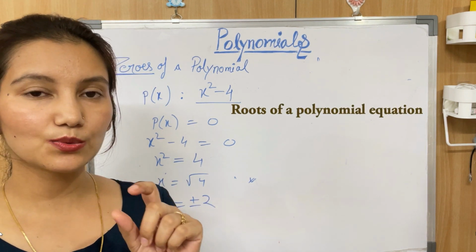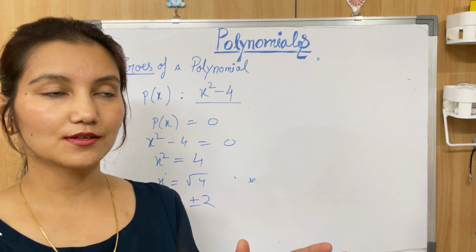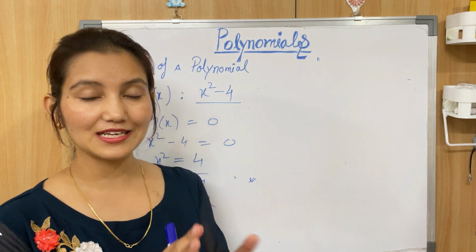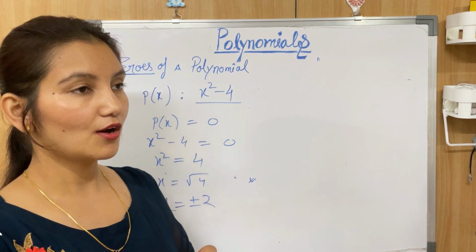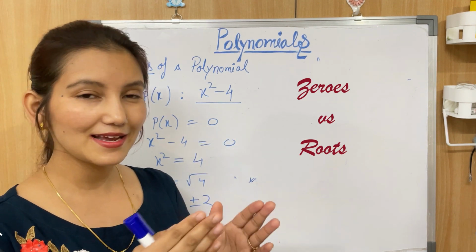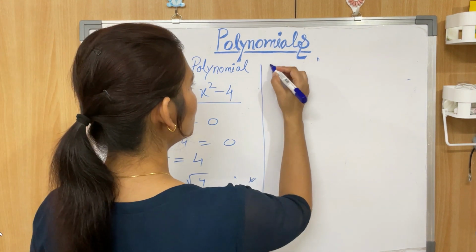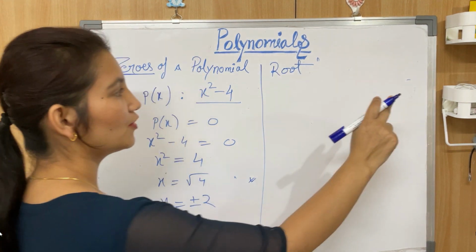You must have seen this word used in your books very often, and your teachers also use these words interchangeably many a times, because we subconsciously use either zeros or roots, but there is a slight difference between these two.